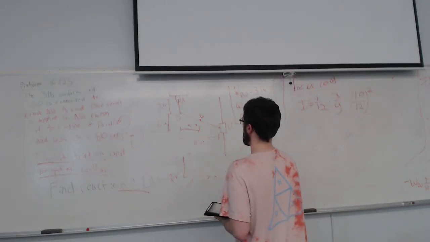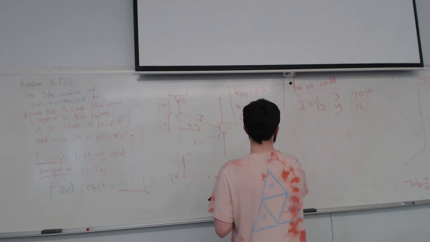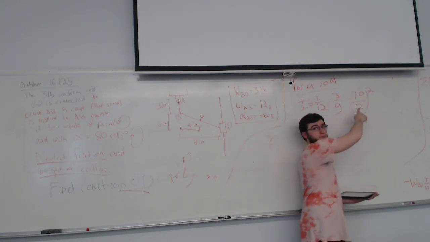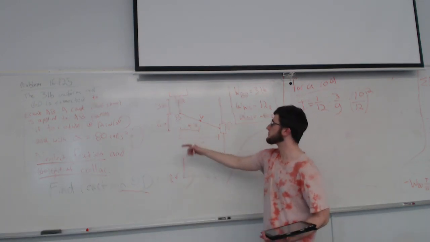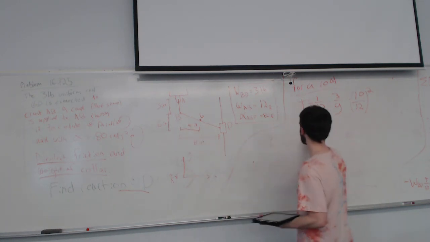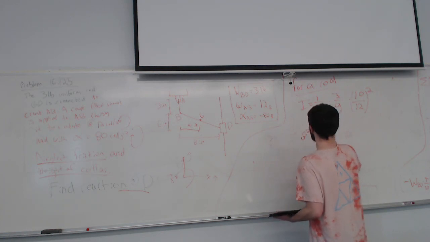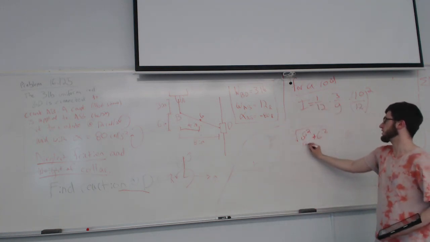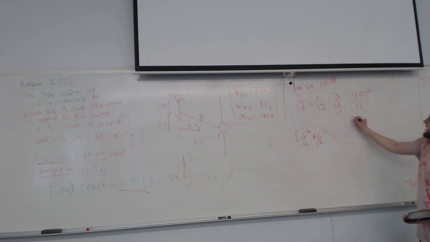So, yeah, that's the length of the rod. This is the length of the rod, 10 over 12, from 8 squared plus 6 squared, square root. And then if this is over 12, that's over 12. That's how you get that. It's just the hypotenuse, the Pythagorean theorem, right?